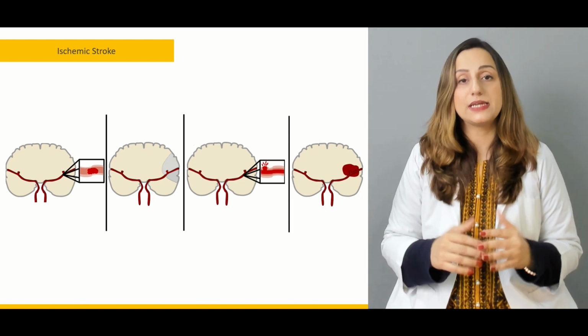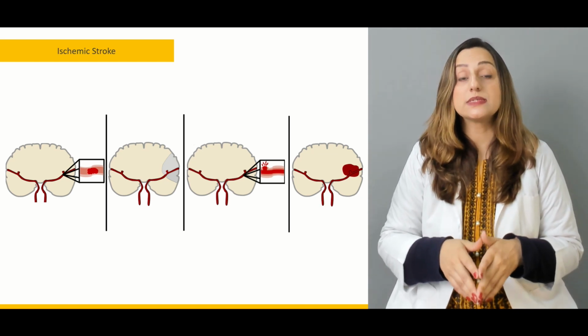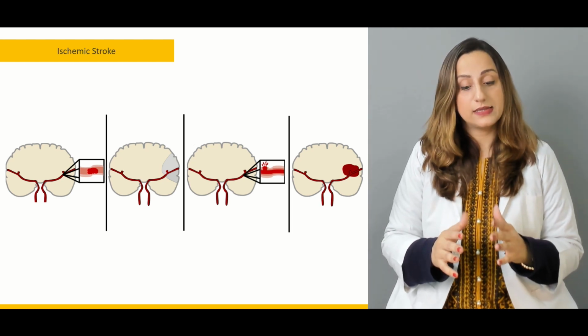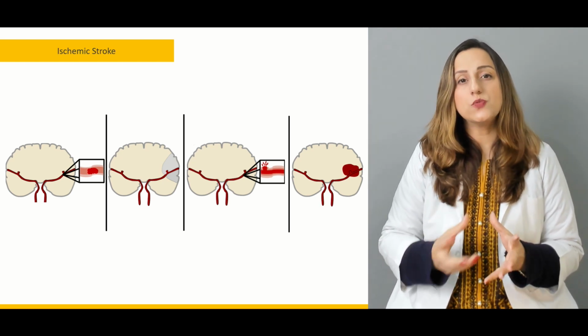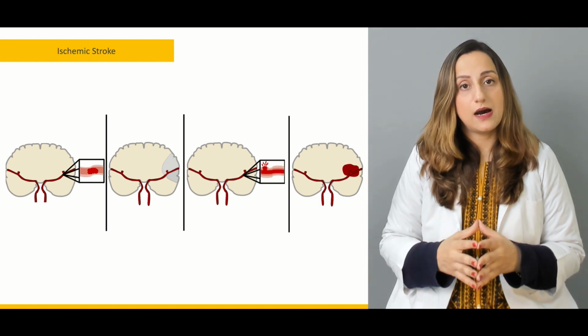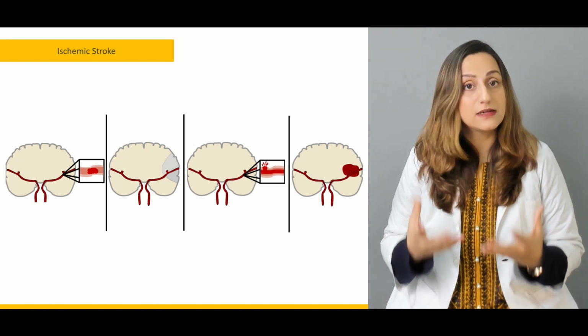Again, there is a criteria which you have to remember. If there is no blood flow, then obviously it takes almost 4 to 10 minutes for brain cell death to occur.